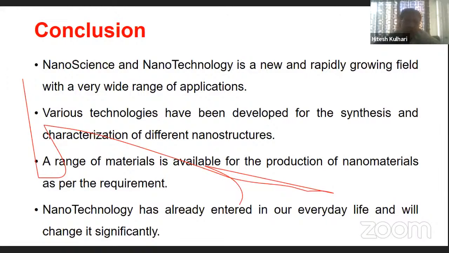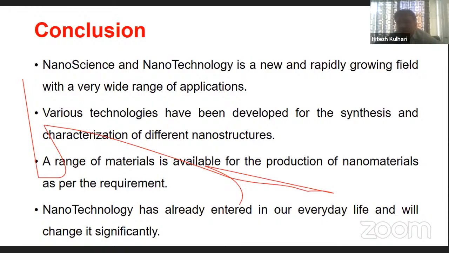Researchers have developed various technologies to synthesize and characterize different nanostructures. We have seen DLS, nanosizer, then SEM, TEM, AFM, XRD, DSC, electrophoretic mobility analyzer, then the BET surface area analyzer. A range of technologies has been developed to characterize these nanostructures.